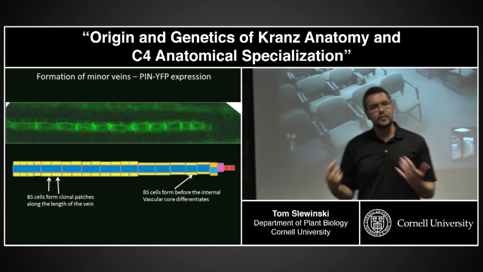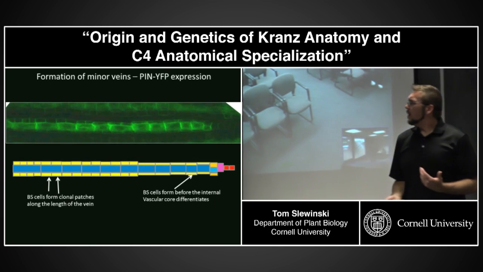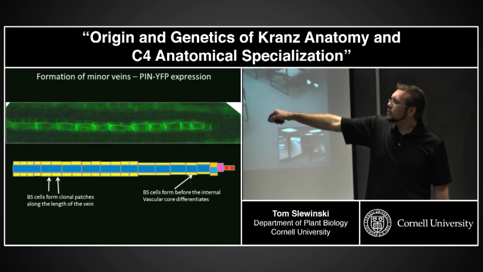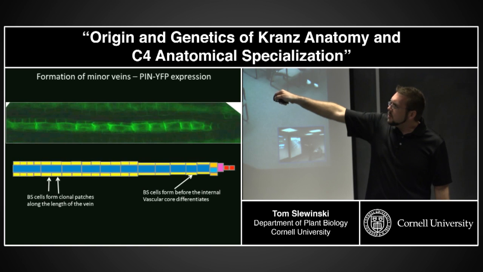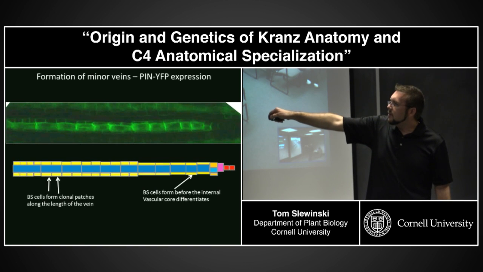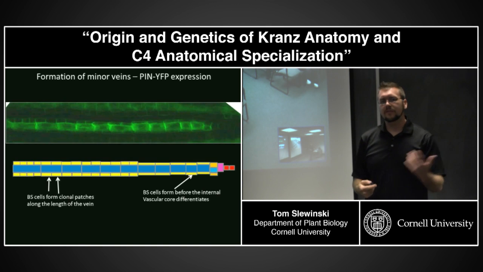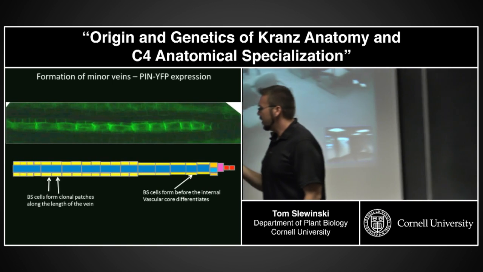It's not just from division, it's both a process of division and recruitment that give rise to the early bundle sheath. Once the bundle sheath are established, they divide and form clonal patches along the vascular unit as the internal vascular core differentiates.